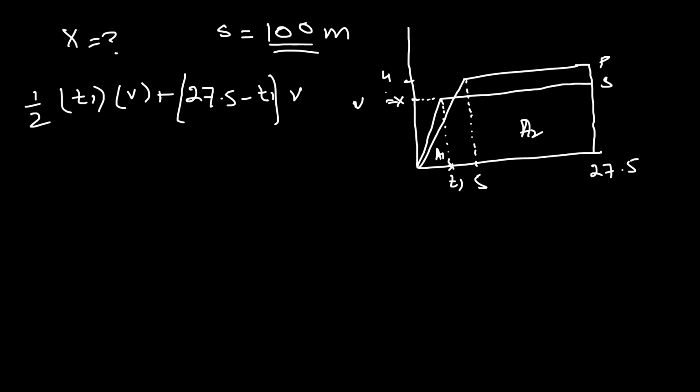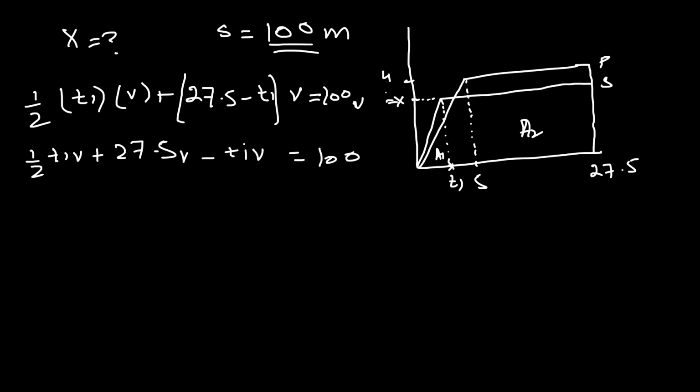So solving it, it is equal to 100, which is the total area of the race. So we simplify it, and we will get an equation involving T and V. So let's solve it. 1 by 2 T1 V plus 27.5 V minus T1 V is equal to 100.